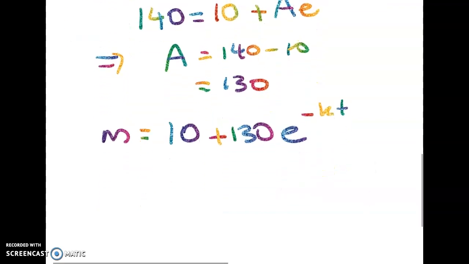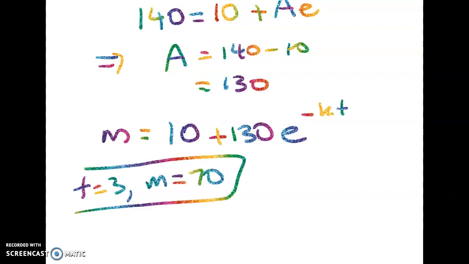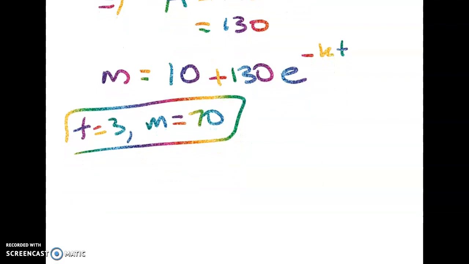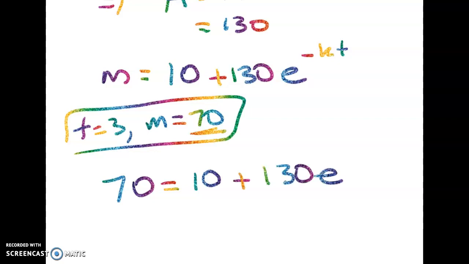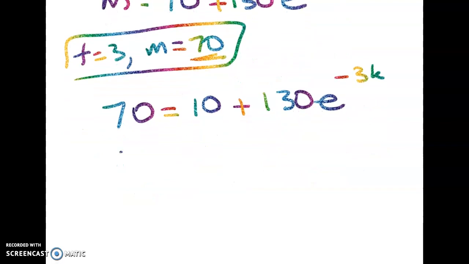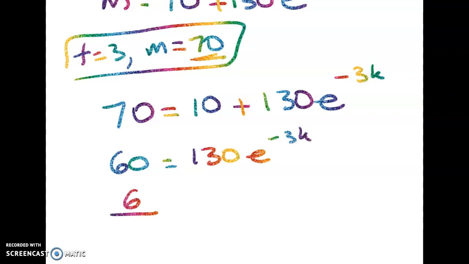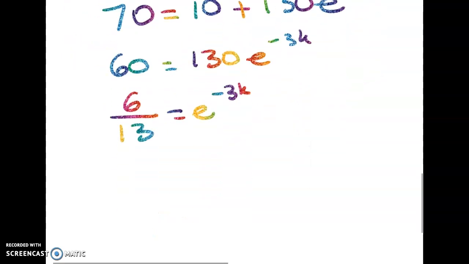And we'll substitute in t equals 3 and M equals 70, right? After 3 hours, the mass has halved and it started at 140. So we get 70 equals 10 plus 130 e to the negative 3k. Now we have to solve for k. So 60 equals 130 e to the negative 3k, and 6 over 13 is equal to e to the negative 3k.